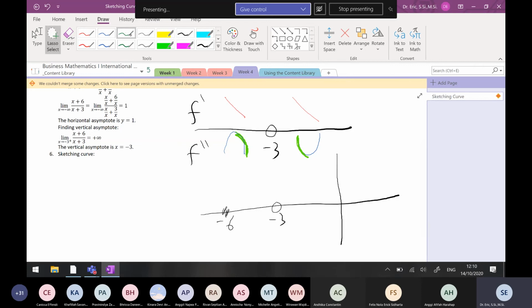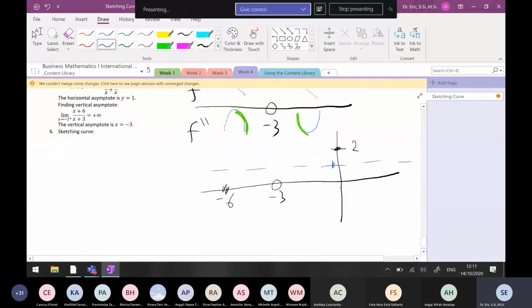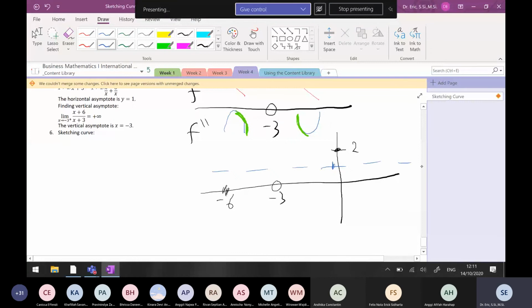Let's change it a bit, a little higher. This is 2. So it passes through 2, and the horizontal asymptote is 1. Okay, yeah. So when x goes to infinity, it will go to 1.